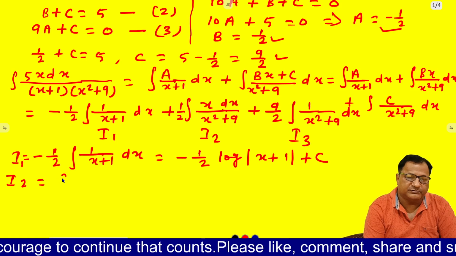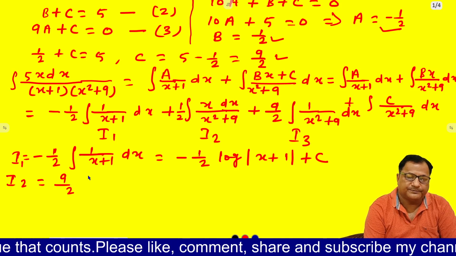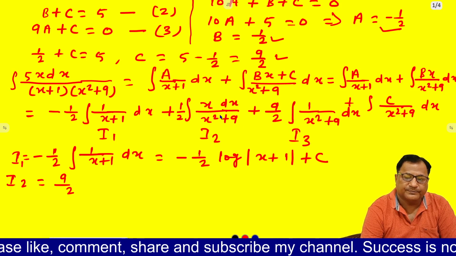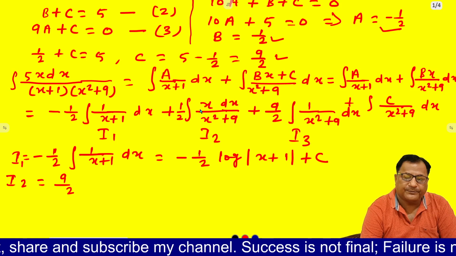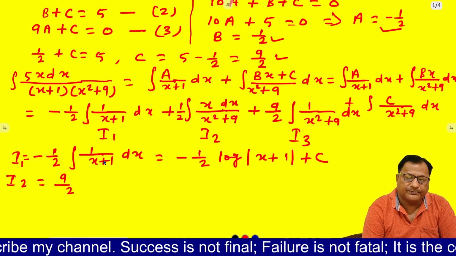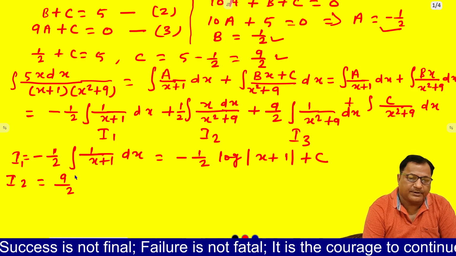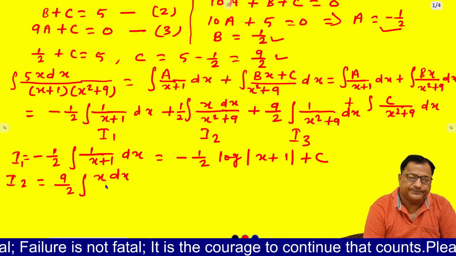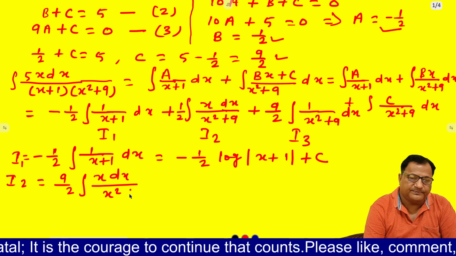I2 is equal to 1 by 2 integration of x dx by (x square plus 9).